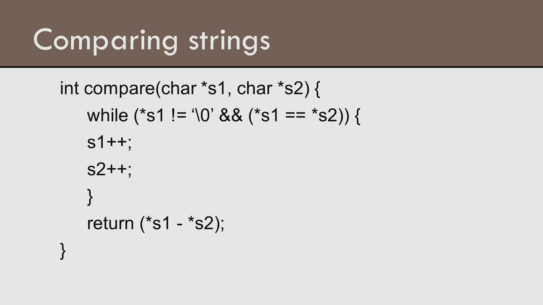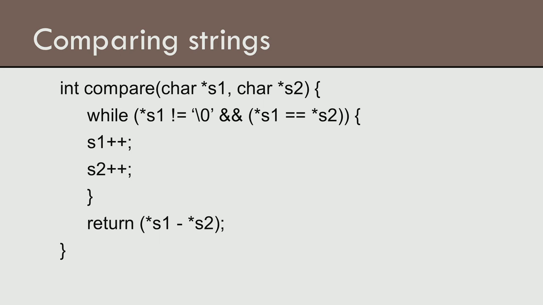If S1 has a higher dictionary order than S2, in other words, if S1 occurs after S2 in the lexicographic ordering, then the return value will be positive. If S1 has a lexicographically lower rank than S2, that is, S1 occurs before S2 in the dictionary ordering, then the return value will be negative.